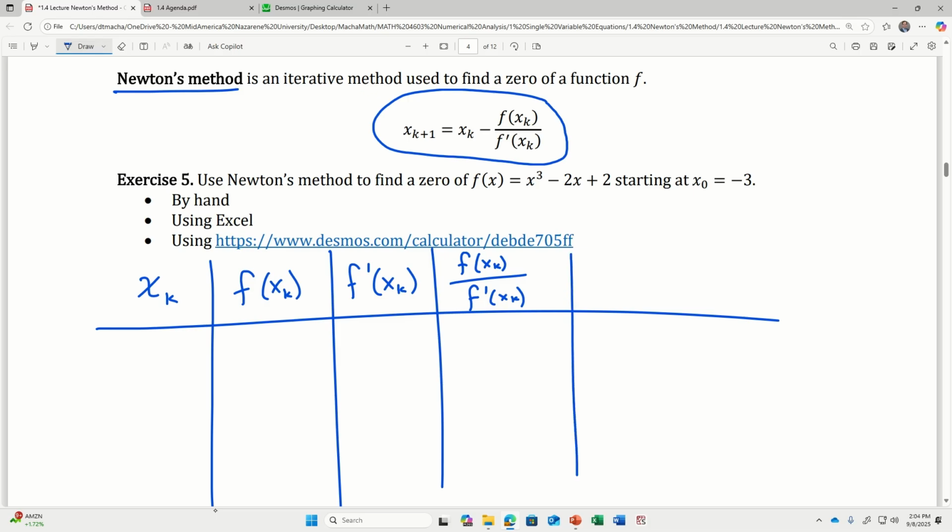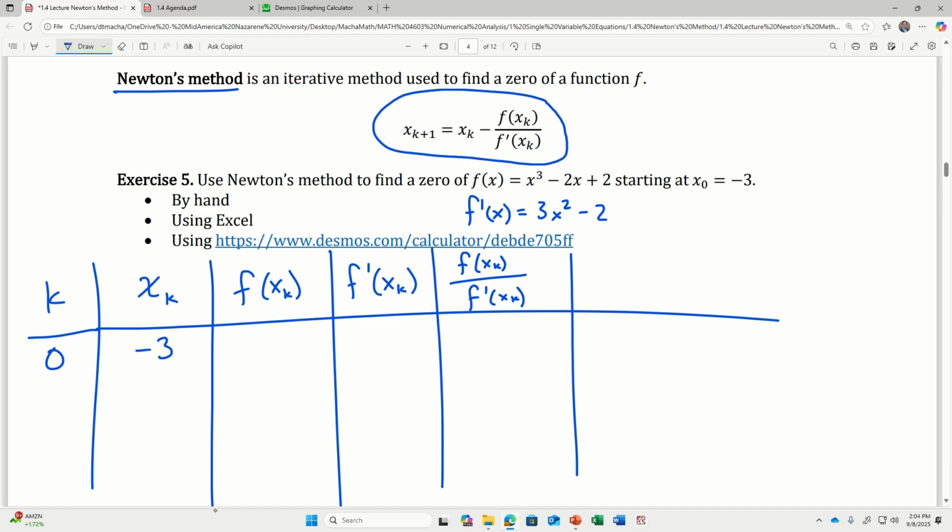And then, of course, we're starting at k equals 0, and x0 equals negative 3. This is my function. What's the derivative of this function? 3x squared minus 2. Yeah. 3x squared minus 2.